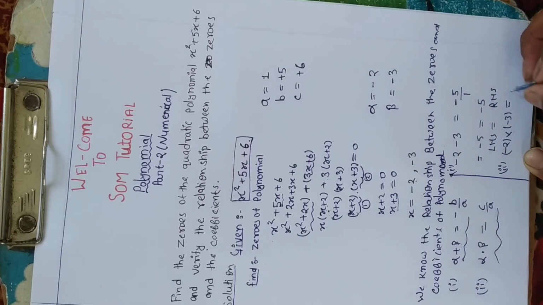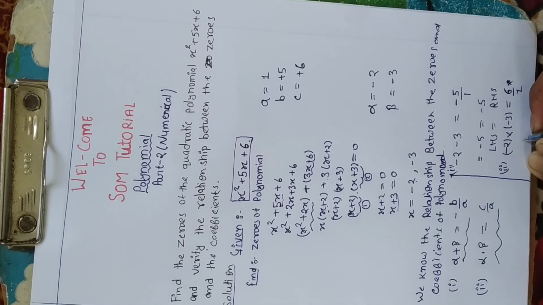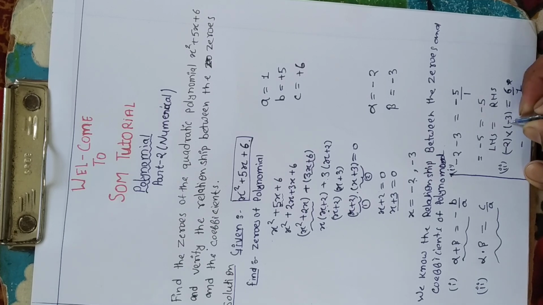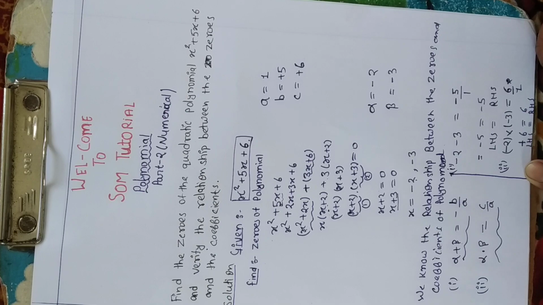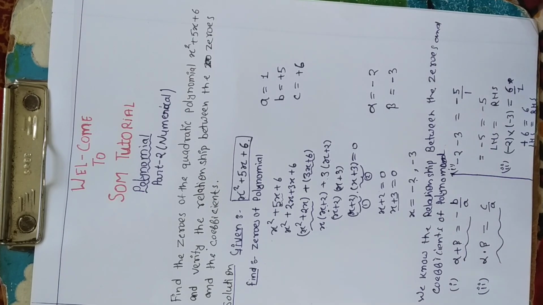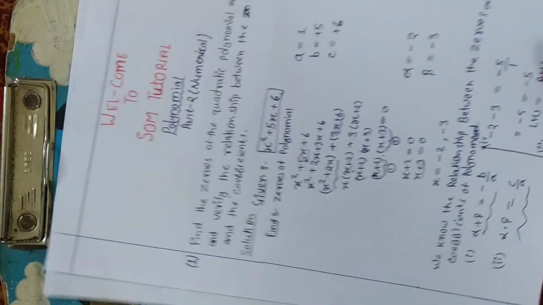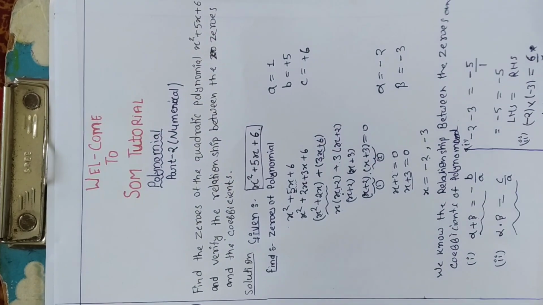It is 6, and a is 1, so 6 upon 1. This value minus into minus plus 6 is equal to 6. So now LHS is equal to RHS. Hence verified. Now we have to write the last statement if the RHS is equal to LHS.